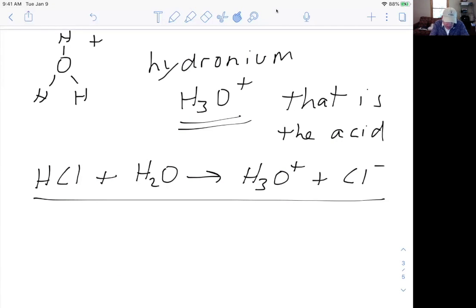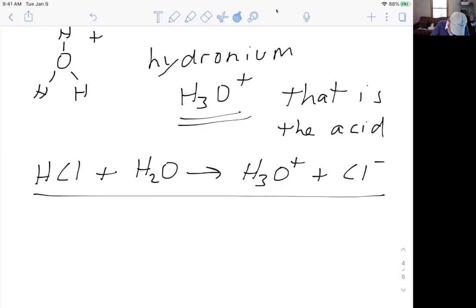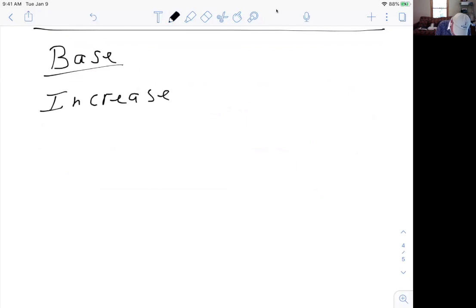Well, if acids increase hydrogen ion concentration in solution, let's see what bases do. Bases increase OH ions in solution.